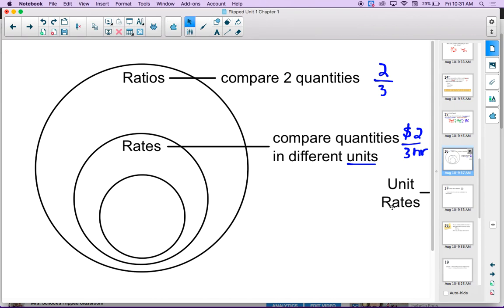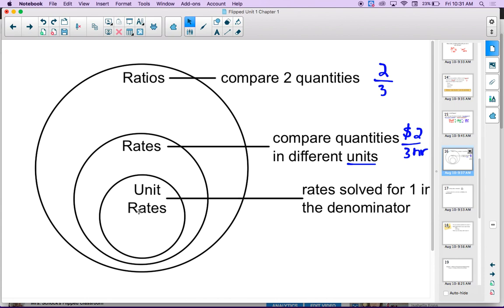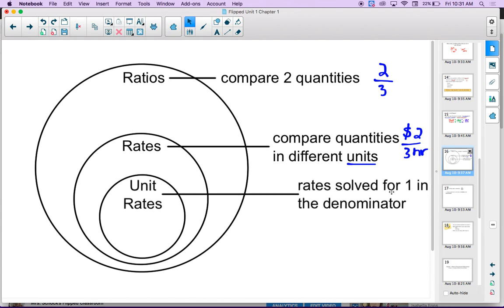Okay. Finally, if we want to turn our rate into a unit rate, this is when we solve for 1 in the denominator. So we would divide the numerator and denominator by 3, and we would get 67 cents per 1 hour. And now we have turned that into a unit rate.